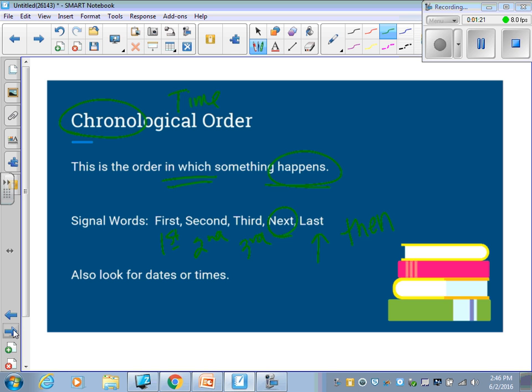These things indicate that there is some kind of order that is going to happen, and it's important. Also look for things like dates, for example, years or times, noon, afternoon. That'll give you those clues as to some kind of order that has to do with time.